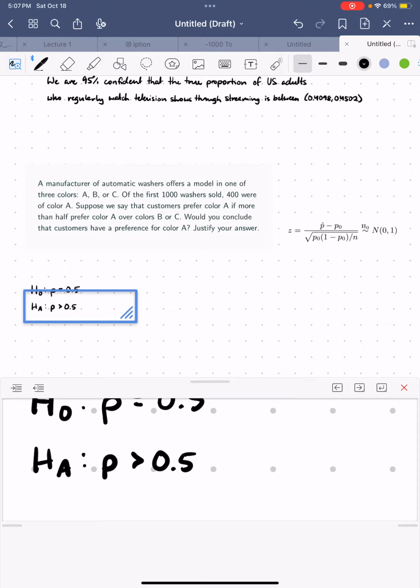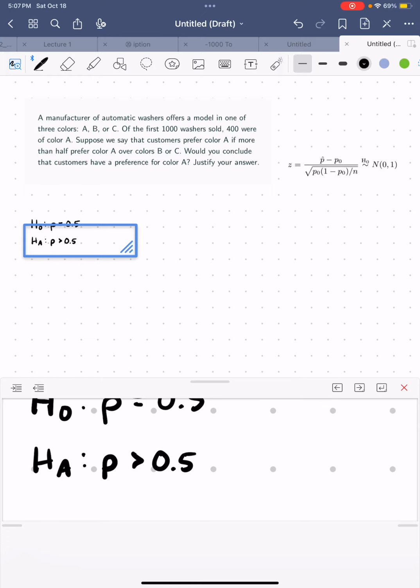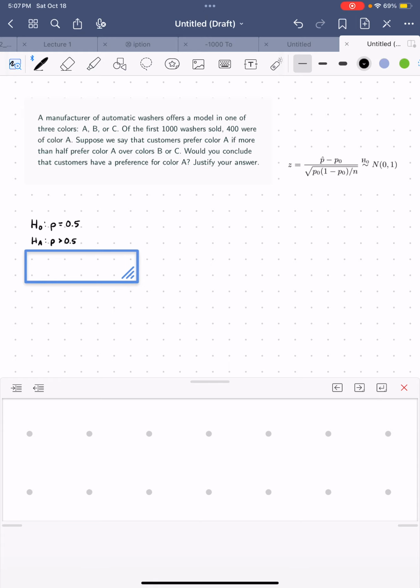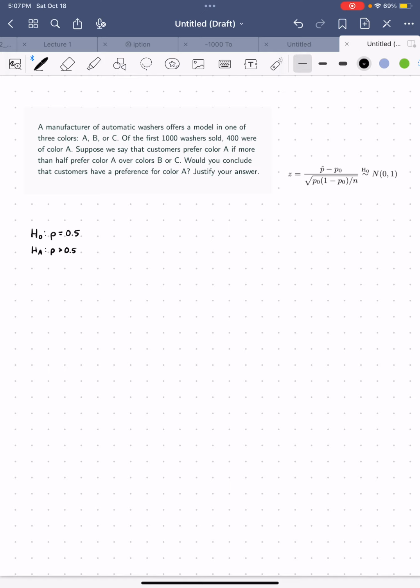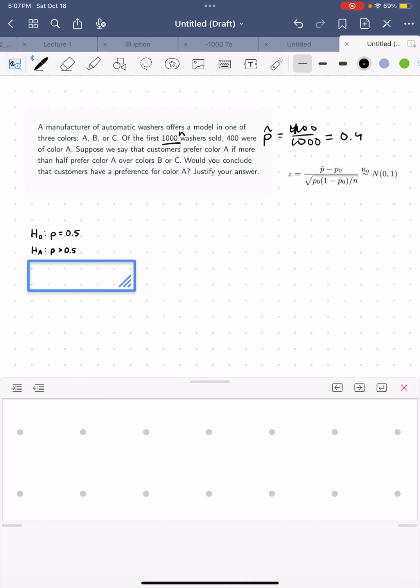So this is a one-tailed test, and it's very similar to a two-tailed test, just a couple of differences. So again, we can use our z-statistic, so I have that written off to the side, and let's first find our values. So this is our n, and our p-hat is 400 over 1,000, that's a 4, and that is equal to 0.4. And then now we can calculate our z-statistic.